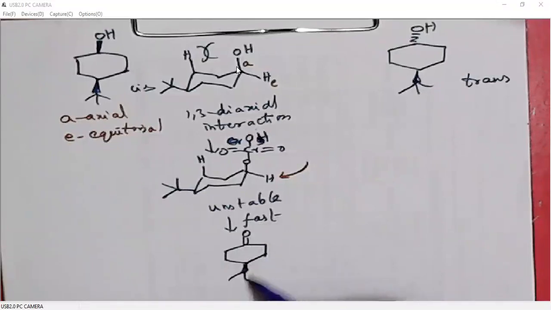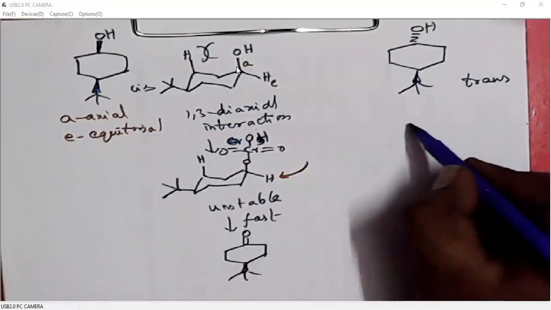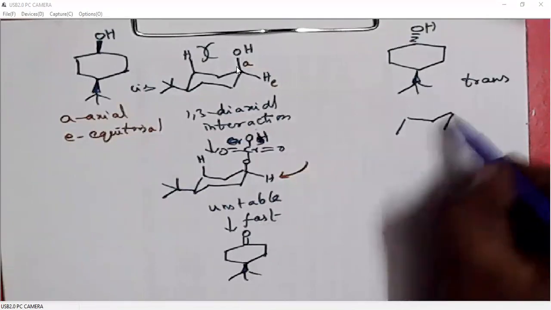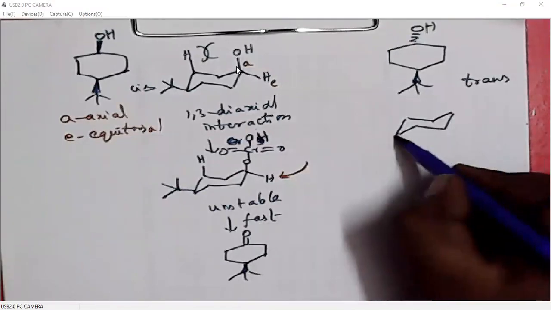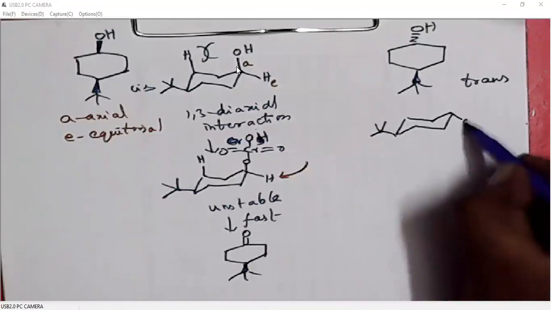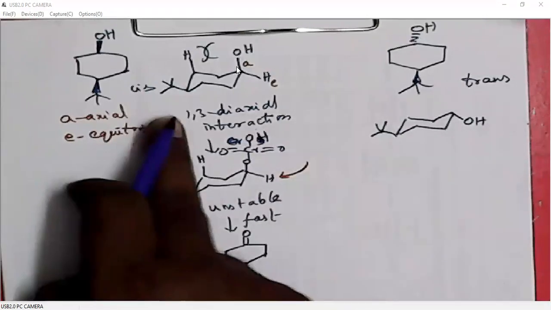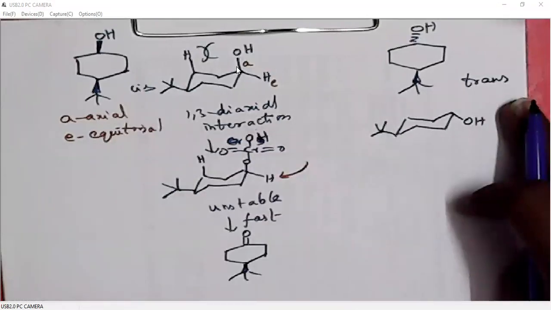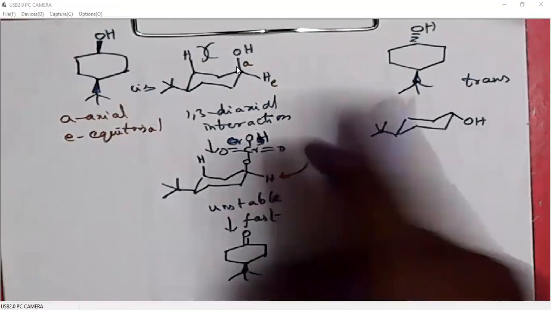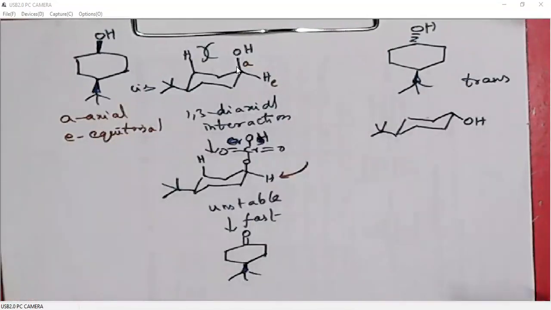We will look at this when we write the chair conformation for trans. Of course, cis is less stable and trans is more stable, but I'm not discussing the stability of the alcohols.